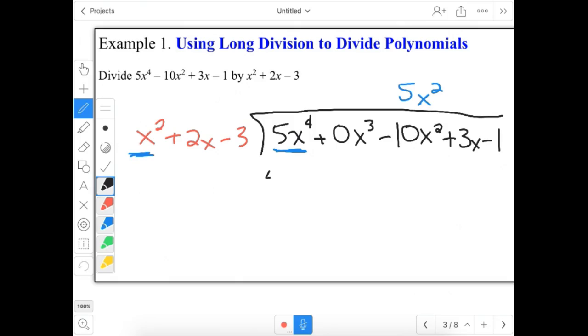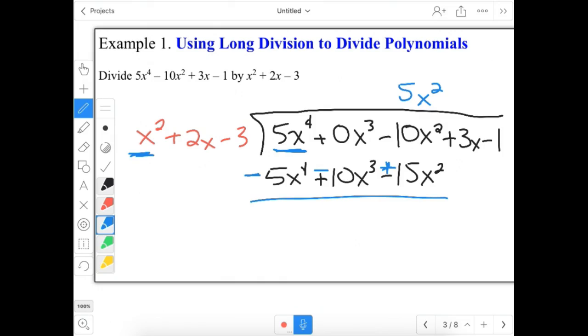So I'll have 5x to the fourth. 5x squared times 2x gives me 10x cubed. And then 5x squared times negative 3 gives me negative 15x squared. And then, if you remember, we also need to switch the signs of each of these terms down here because we're subtracting. So that turns into a minus, that turns into a minus, this turns into a plus.